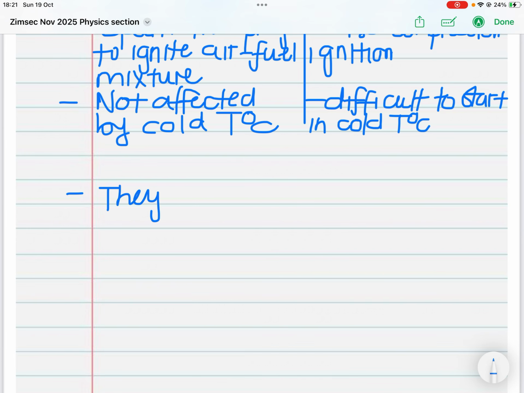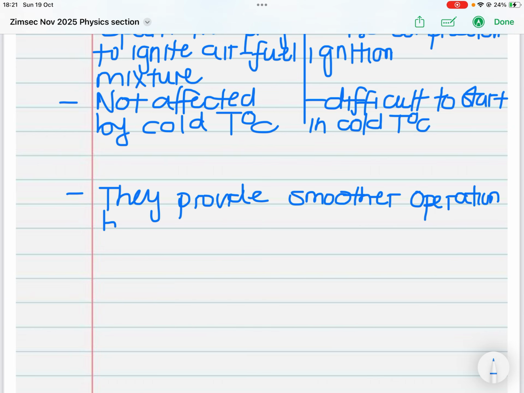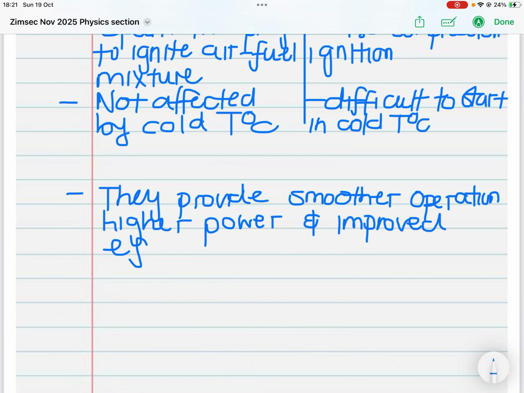Number one, they provide smoother operation, higher power, and also improved efficiency by delivering more power pulses.